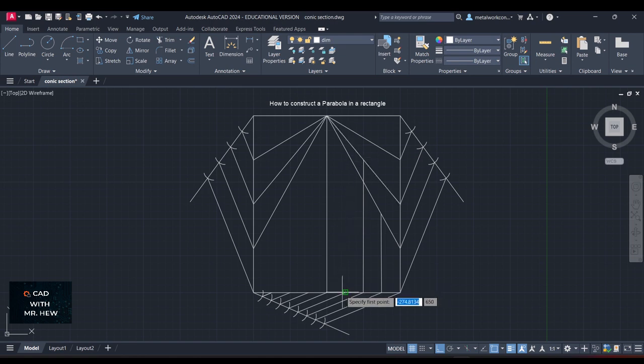Gonna draw a line from here going up to there. All right. I'm gonna do the same thing on the other side because it is symmetrical. And again, we are drawing a parabola in a rectangle. So whether you have a T-square or you're doing it on CAD, it's the same procedure, all right?